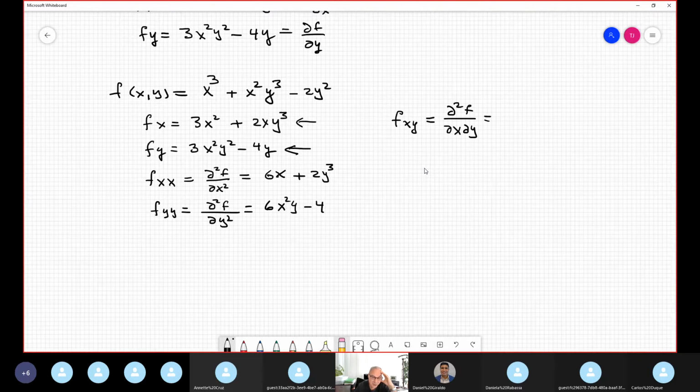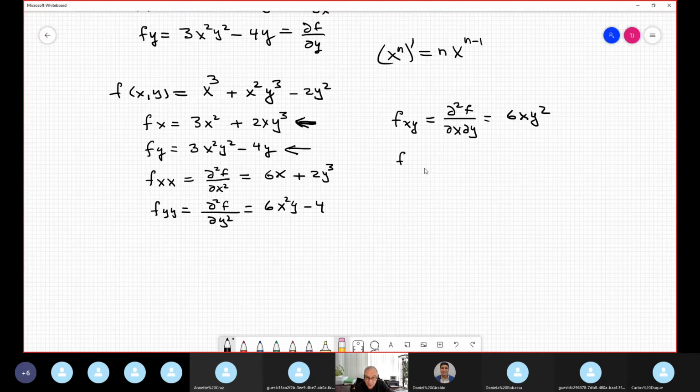Entonces you take this derivative again, but you differentiate now with respect to y, and this is 0, and this is 6xy squared. Okay, because the 3 flies outside, it is 6 and the exponent decreases by 1. I suppose, guys, you remember very well the power rule, no? We practiced a lot in Cal 1 and Cal 2.